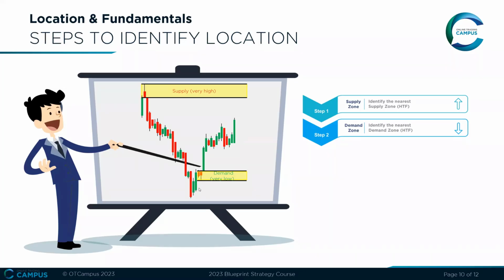There you have it. It's a rally-based rally. Of course, you would have found that explosive candle here, right? And this may have taken you a little bit more time. And then you'll wrap your 2 lines around, starting with the proximal that goes to the highest body of the basing candle, and then the distal that goes to the lowest wicks of the basing candles, including the leg out.